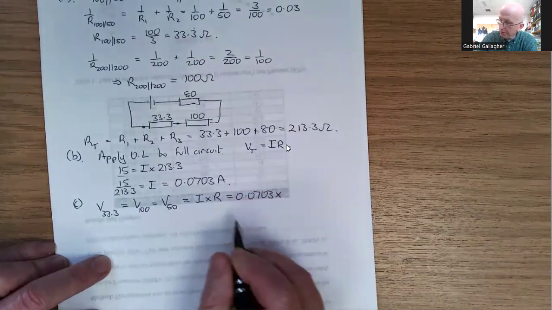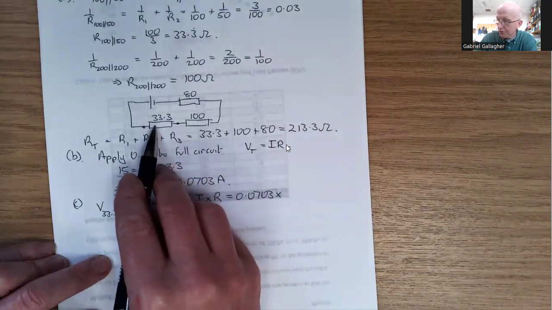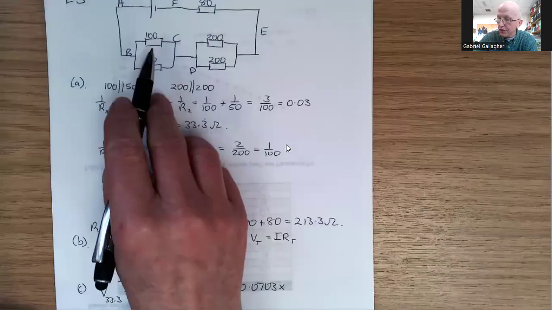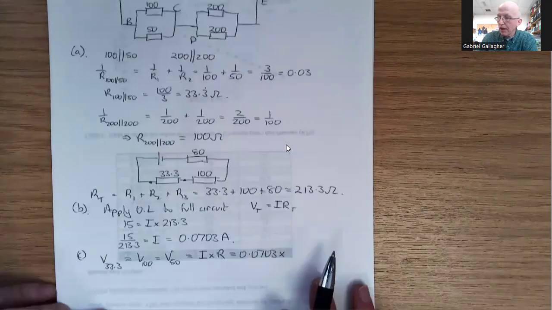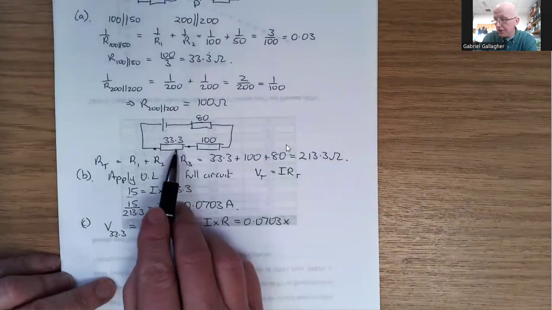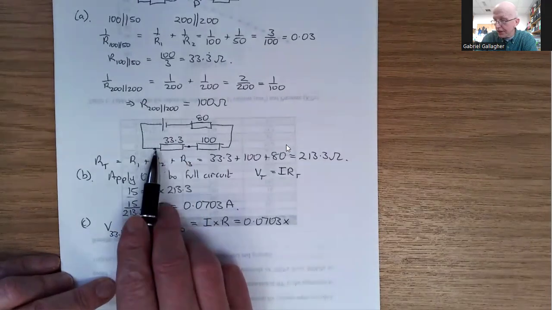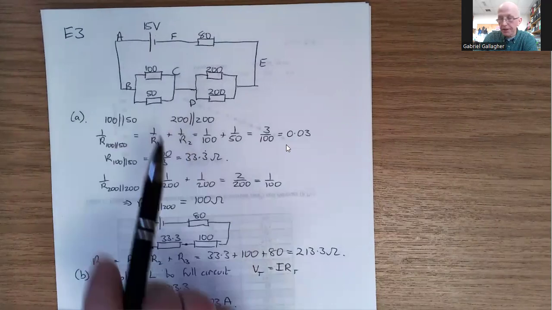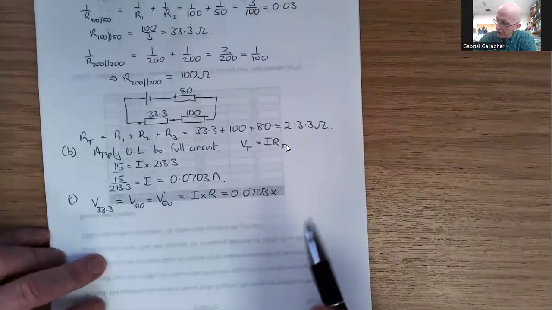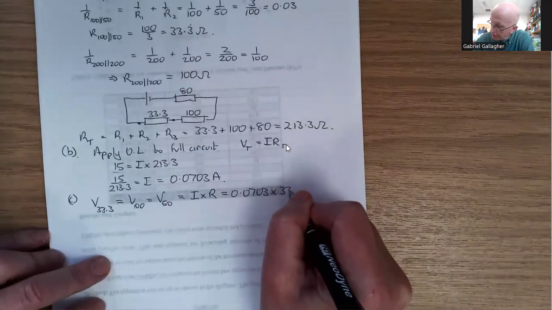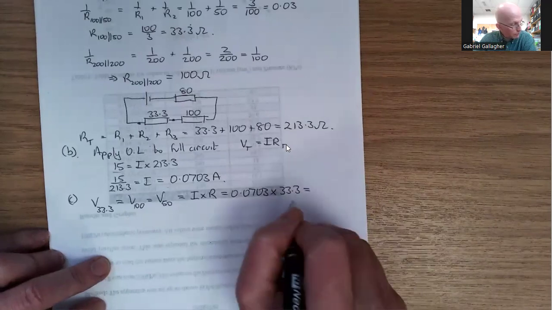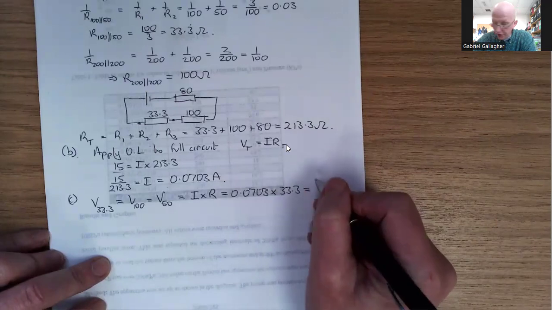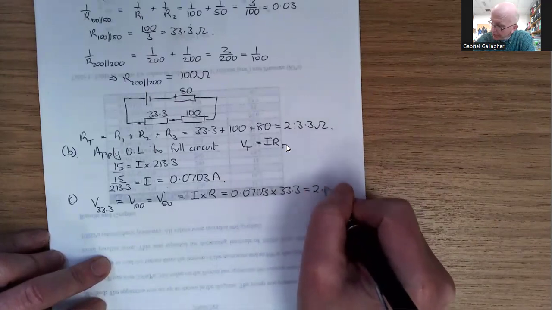Of course it's not going through that actual resistance, it's going through these two, but this is an equivalent resistance. The PD across there will be the same as the PD across each of the two resistors. Multiply 0.0703 by 33.3 and we get 2.34 volts.